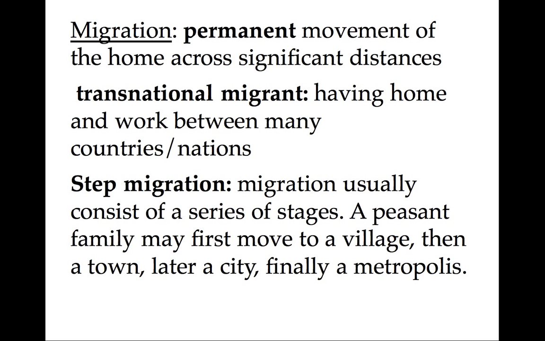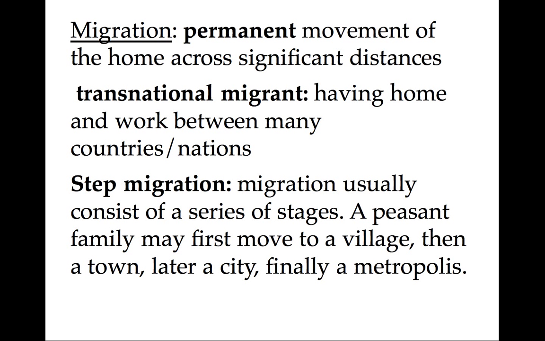Step migration is also pretty self-explanatory. When you are making this permanent move across significant distances, when you're migrating, it's not likely that you're going to make this large one-time move in one step. Instead, we do see people making smaller moves, smaller permanent movements to get to their final location.